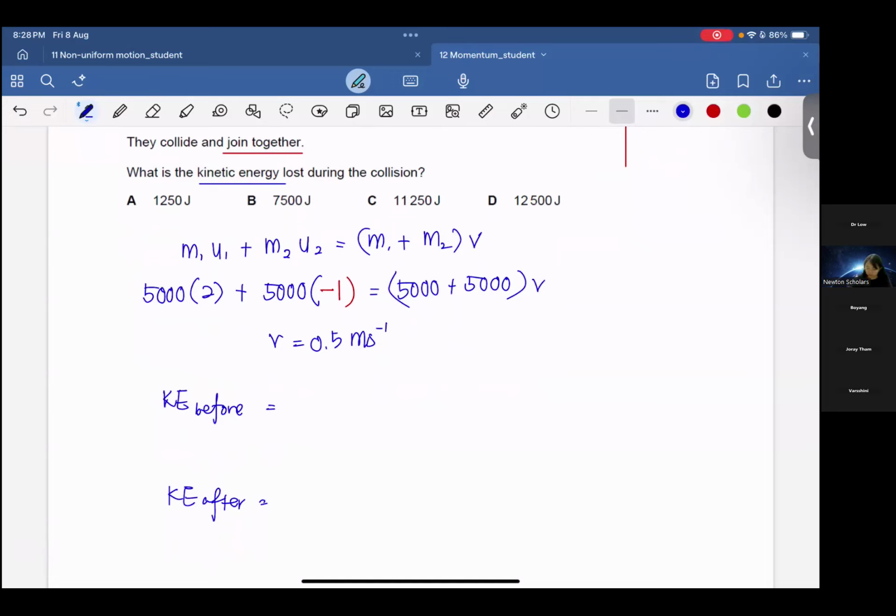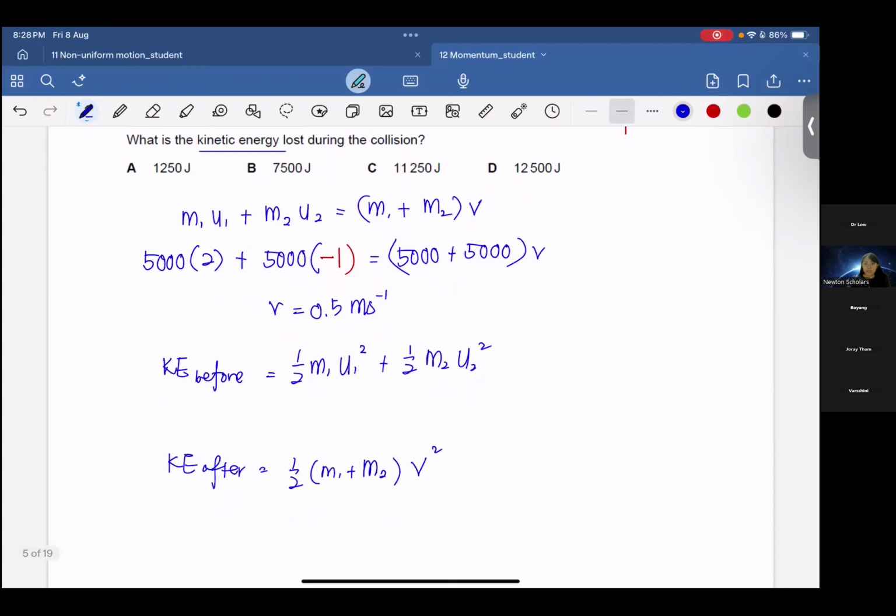Any of you got the answer? Let me check. Correct, Vashini. Jore, correct. How about the others? Are you able to get the answer?